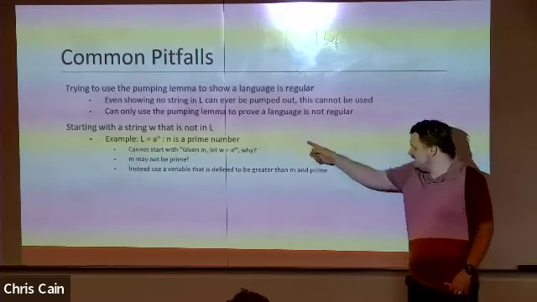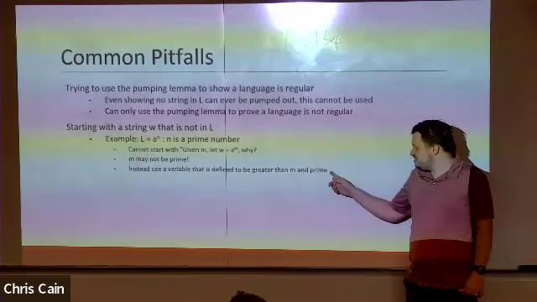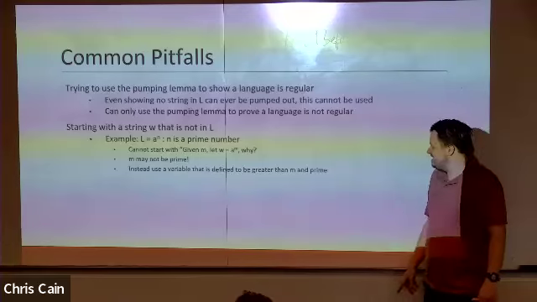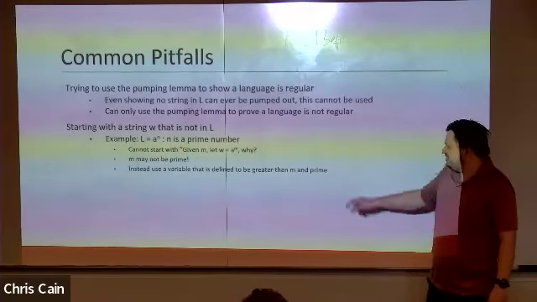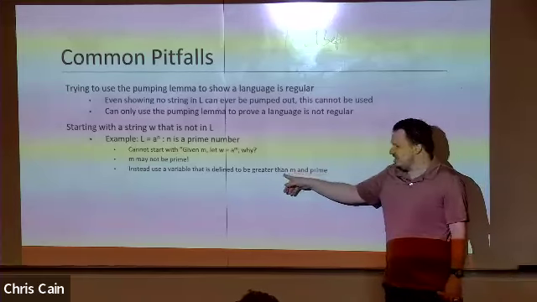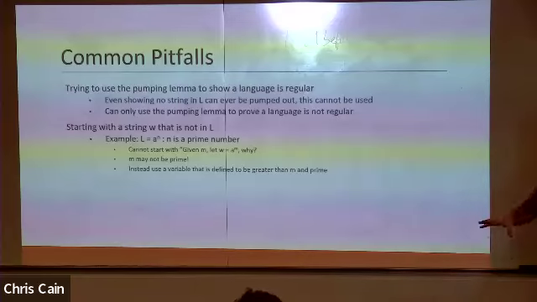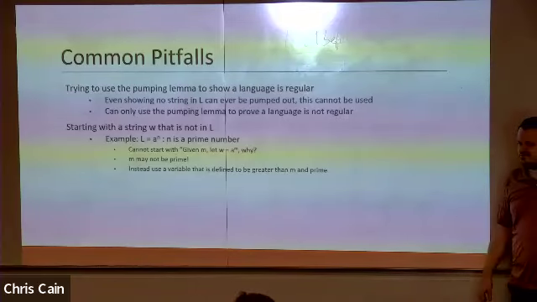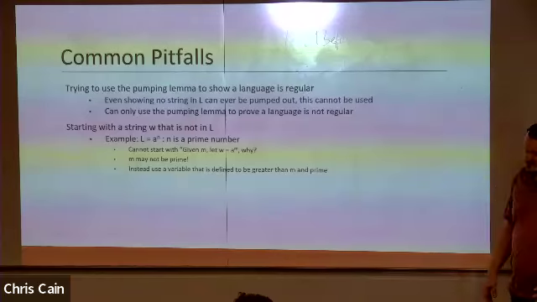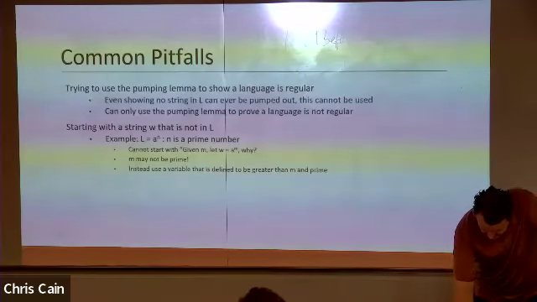If you were to continue this, you would need to choose something else, A to the something, such that it is greater than M and is prime. And then you need to carry that assumption through the rest of your proof. Every assumption that you make needs to adhere to the necessary rules.